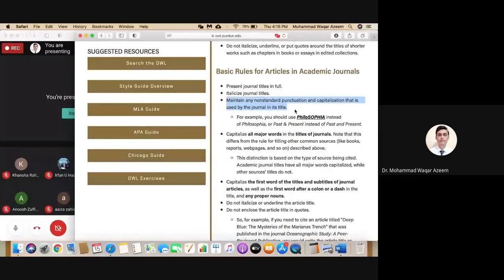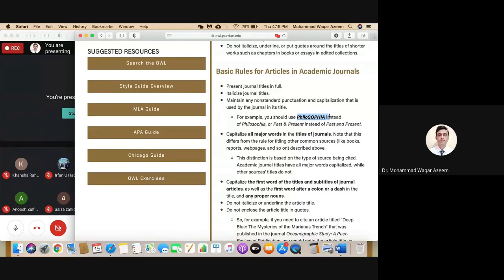So sometimes a title of a journal could be like this: philosophia, right? So you might notice that the few letters, like four letters after the first p in this title, are lowercase, right? The rest of the letters are uppercase. Why are they like that?